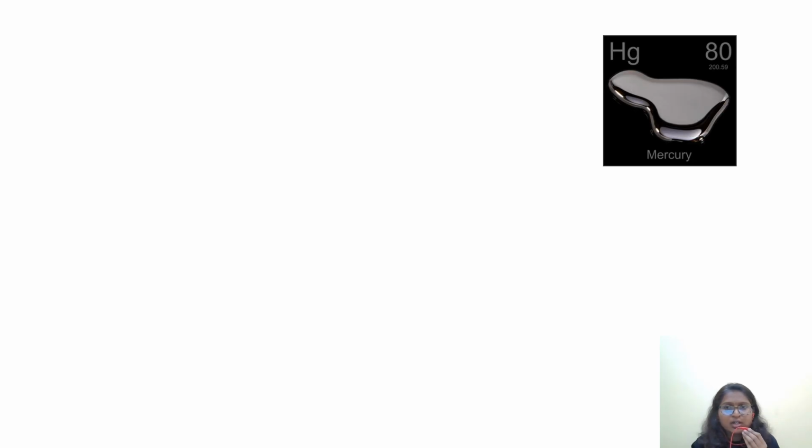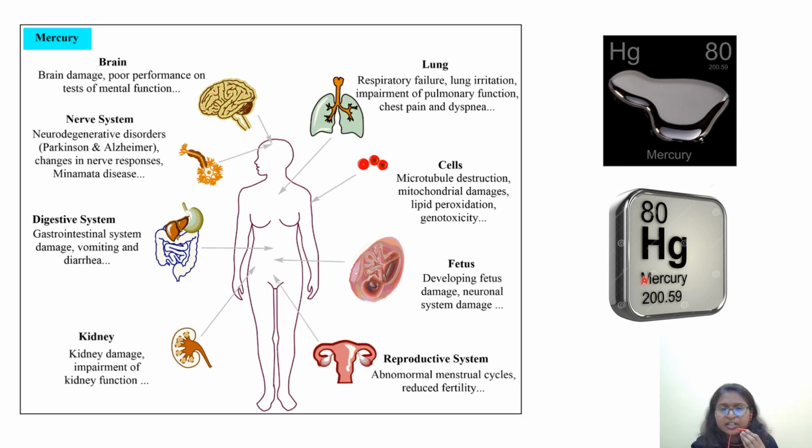Now, as we have seen, mercury has atomic number 80 and atomic weight 200.59 in the periodic table. Through this particular slide, we'll try to understand, when mercury is exposed to an individual, what other target organs it is affecting. First we'll see the lung.